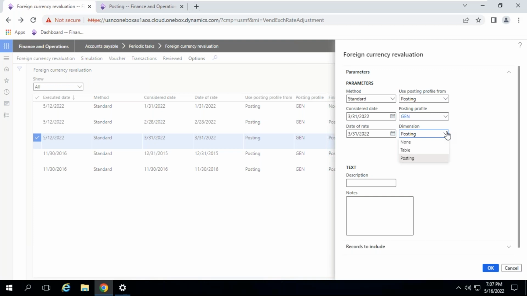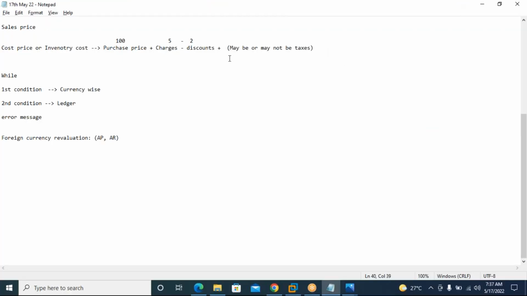In the dimension there are three options: none, table, and posting. Okay, let us understand. It is most important.